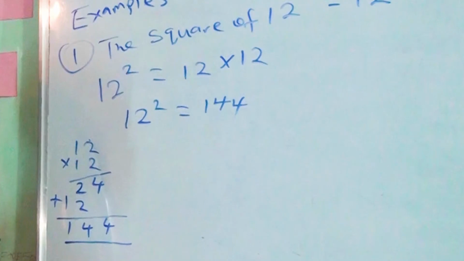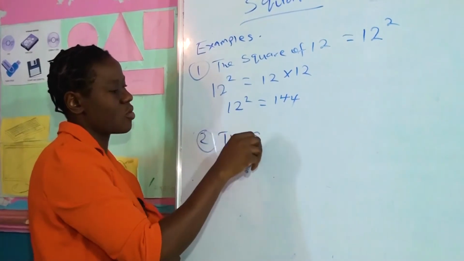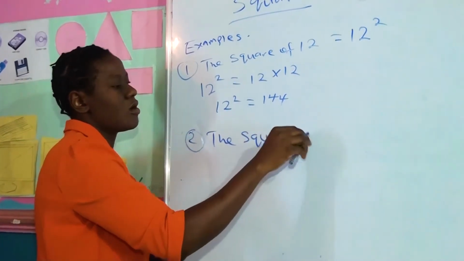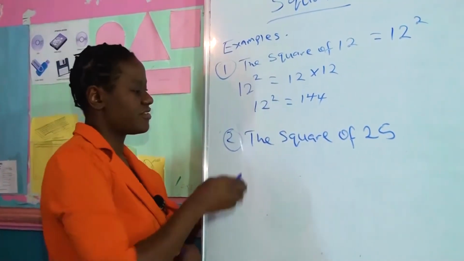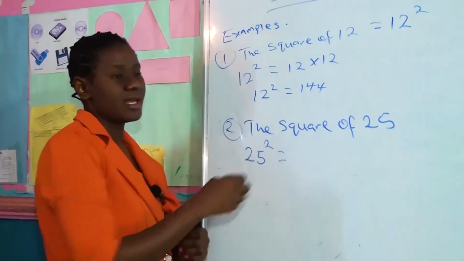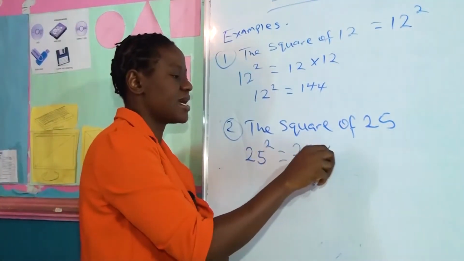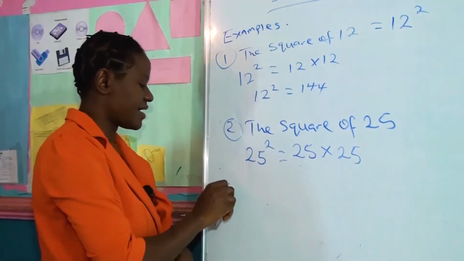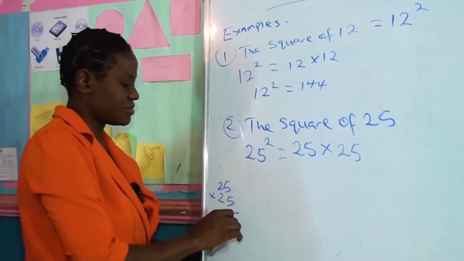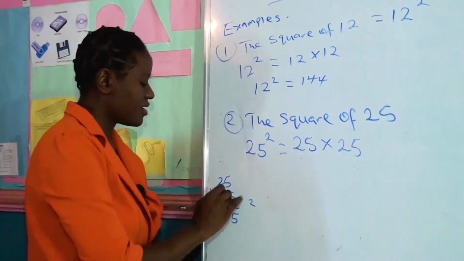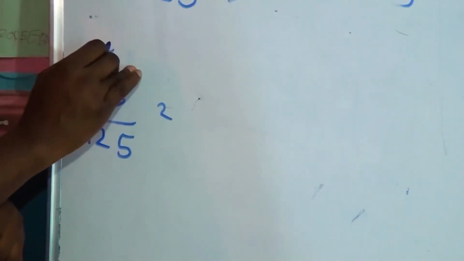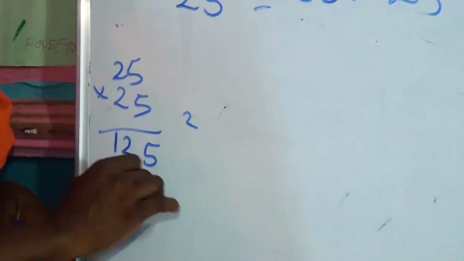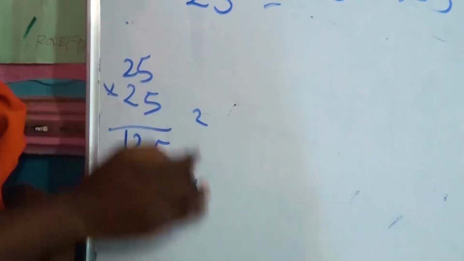Now let's take another example. Let's find the square of 25. The square of 25 means 25 squared. That means 25 times 25. 5 times 5, 25, leaves 2. 5 times 2, 10, plus 2, 12. 2 times 5, 10, write 0, leaves 1. 2 times 2, 4, plus 1, 5.